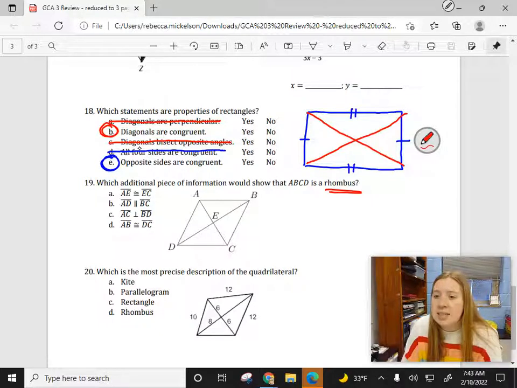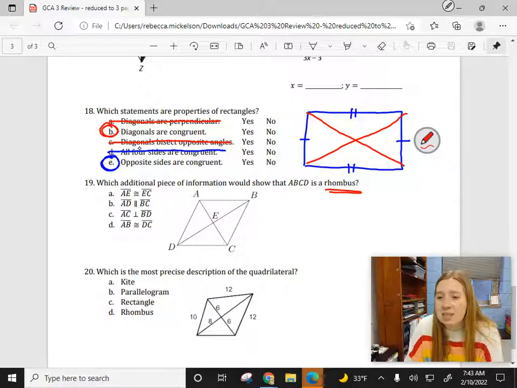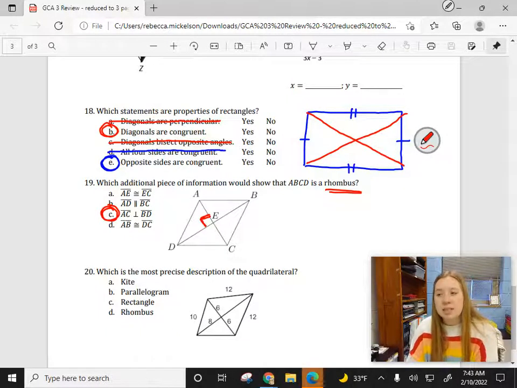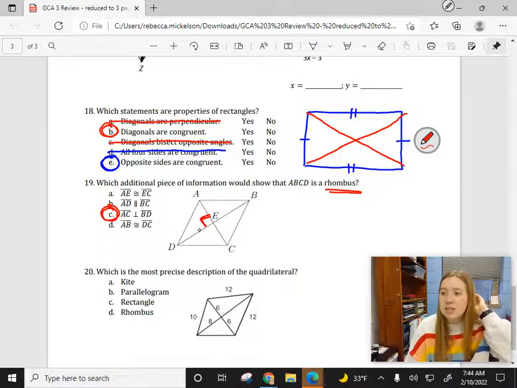AD is parallel to BC, we already know that because that's true to parallelograms. AB is congruent to DC, that is also true for parallelograms. But the one thing on here that sets this apart as a rhombus is C. A rhombus has diagonals that are perpendicular to each other. So that's going to be my piece of information about my rhombus.